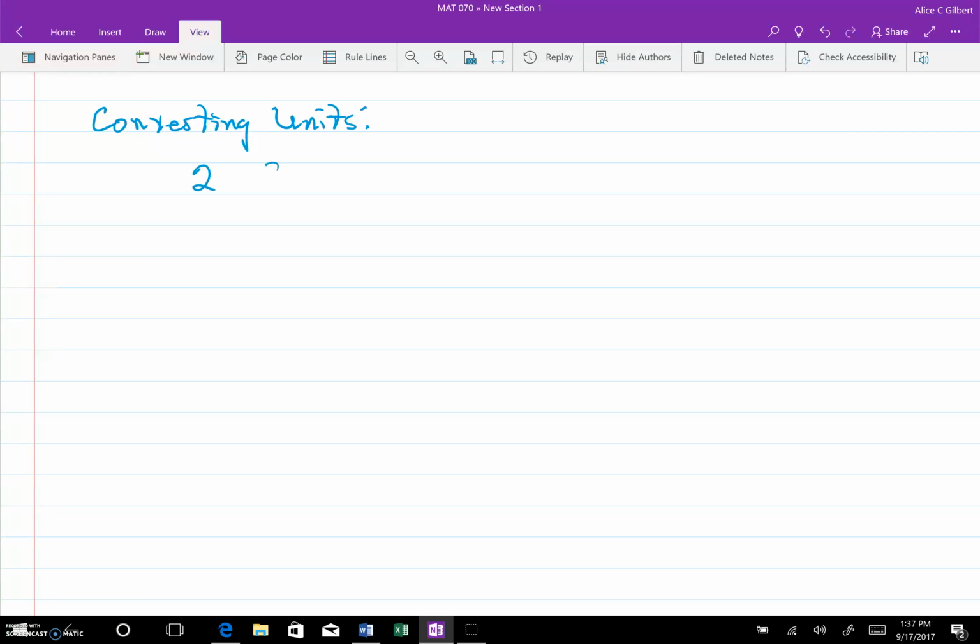So if we have, say, 2 feet to 30 inches, well, as long as these two, the feet and inches, are different, I can't do anything with them. But I can convert one of these to the other one. So we always convert the bigger one to the smaller one.